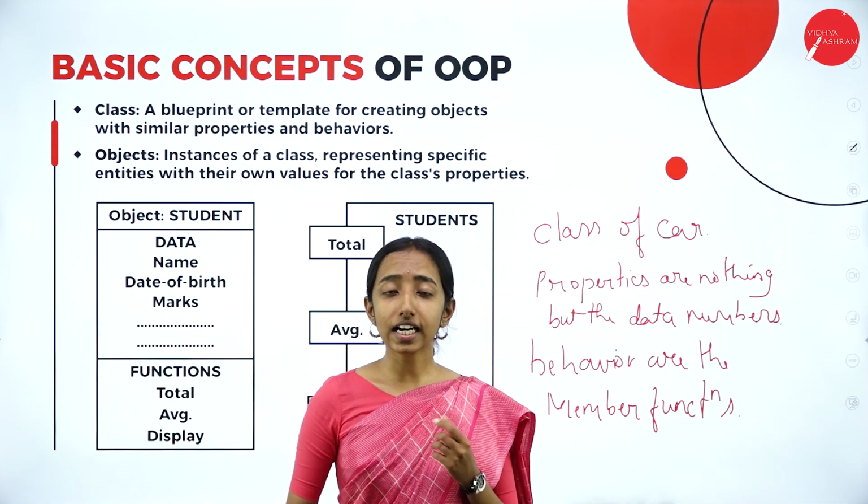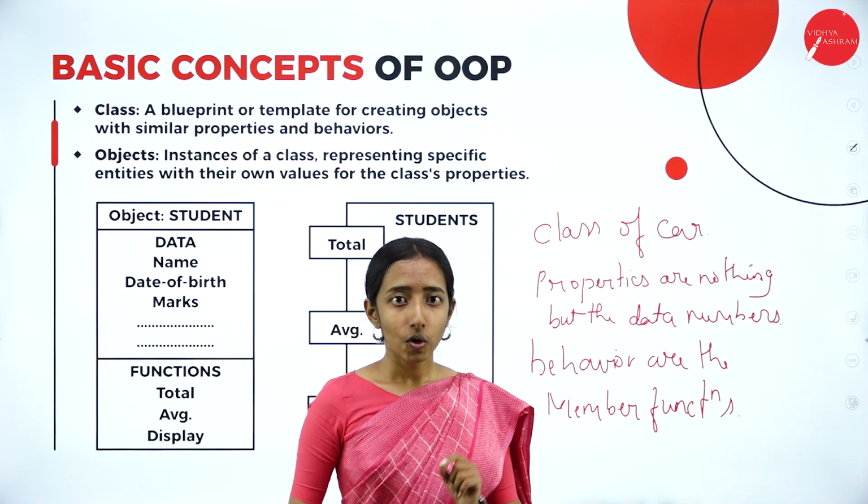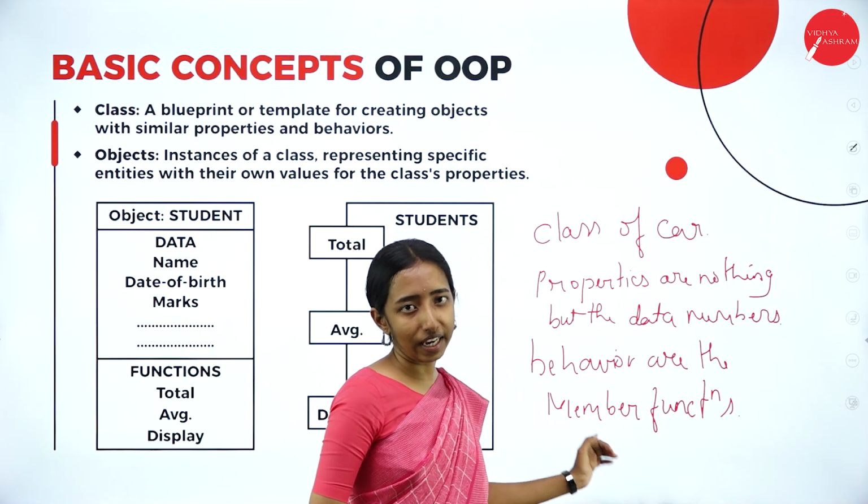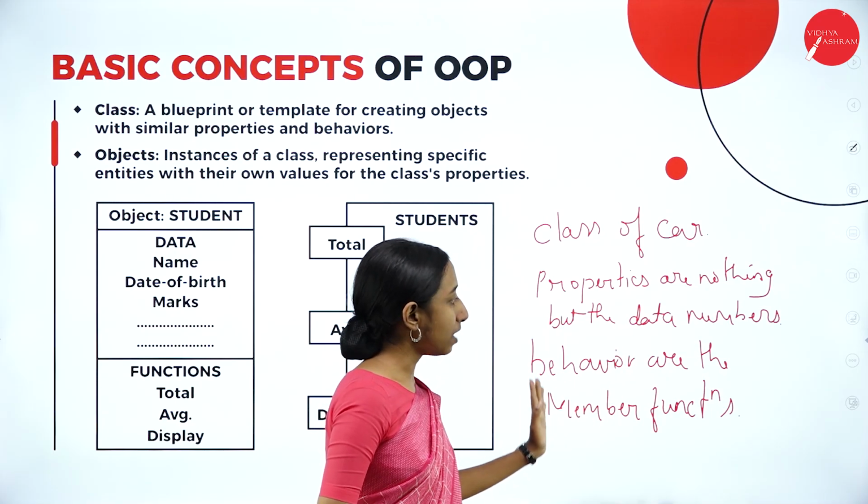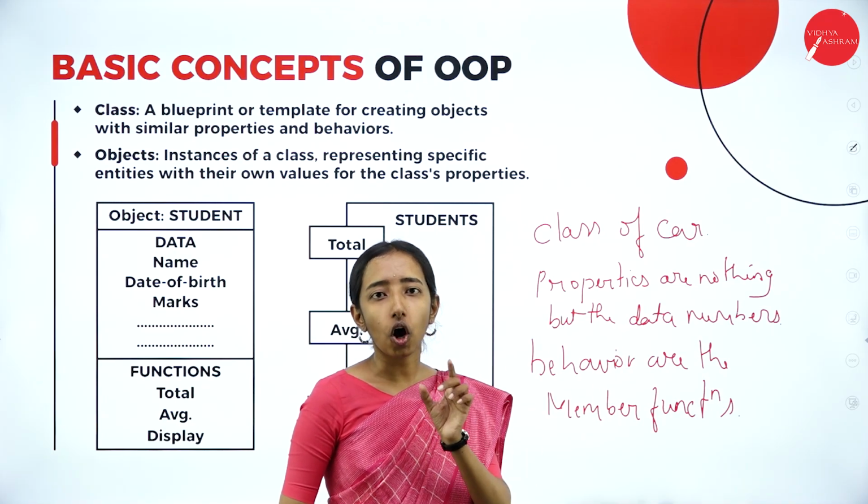So, considering a class of car, we have properties and behavior, which are the data members and member functions of the class called car.